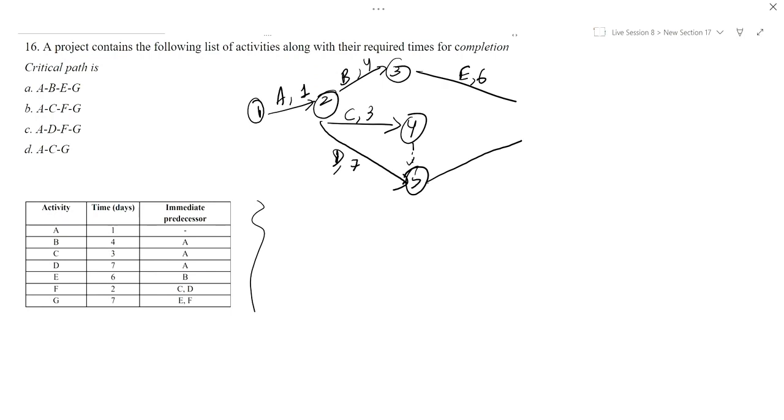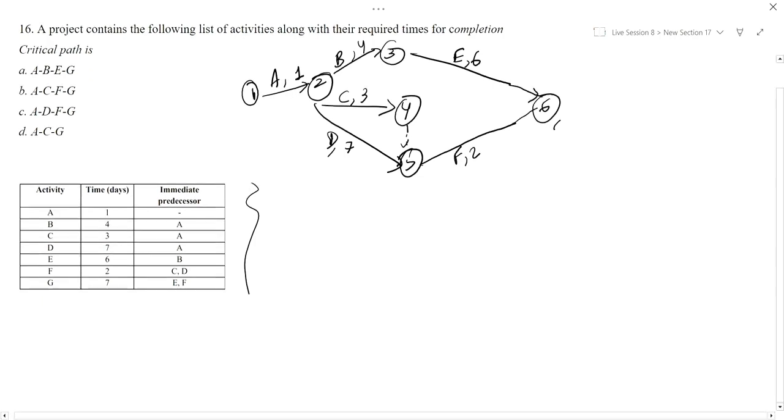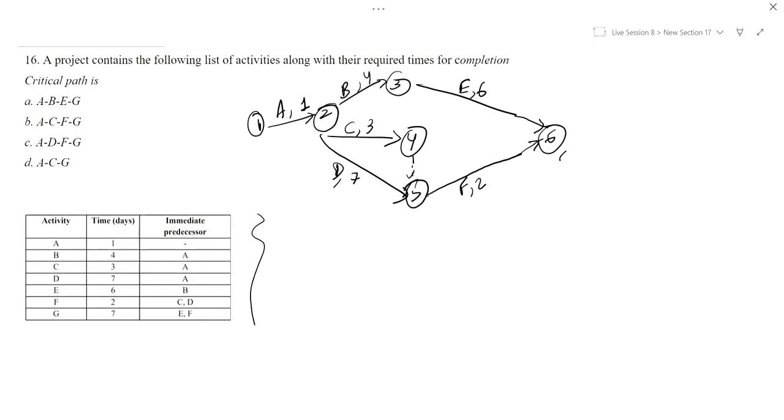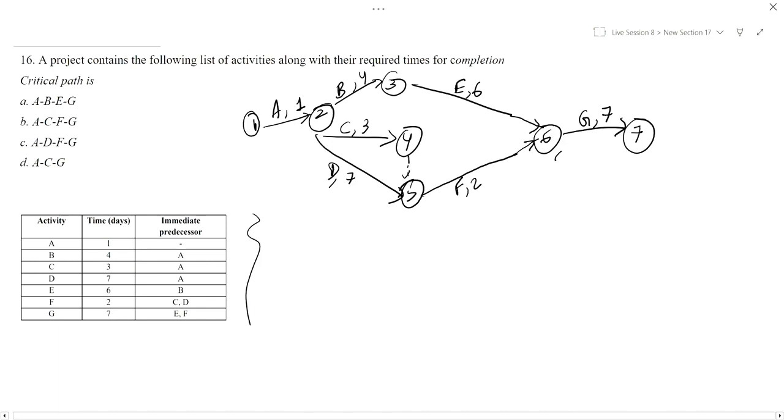And this is F. Now G is the immediate predecessor of E and F. We will extend this G with 7 weeks. Okay, so this is the network diagram.